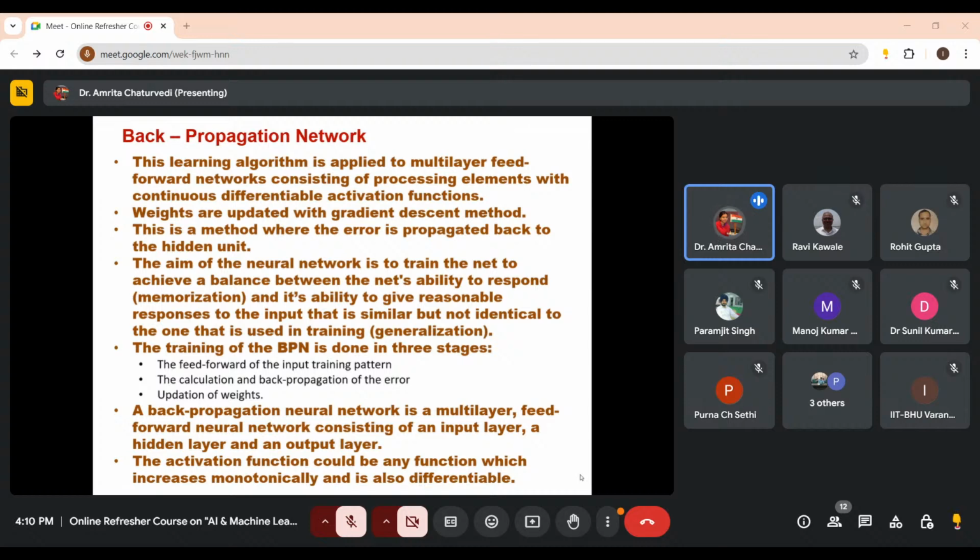And the last step is the final updation of the weights according to the error calculated in phase 2. A backpropagation neural network is a multi-layer feed-forward neural network consisting of one input layer, one hidden layer, and one output layer. The activation function you can choose to be anything, but it should be continuous, monotonically non-decreasing, and differentiable at all the points on its domain.